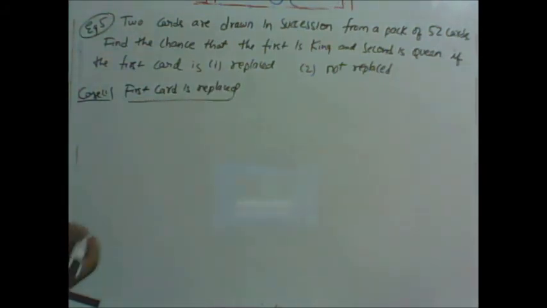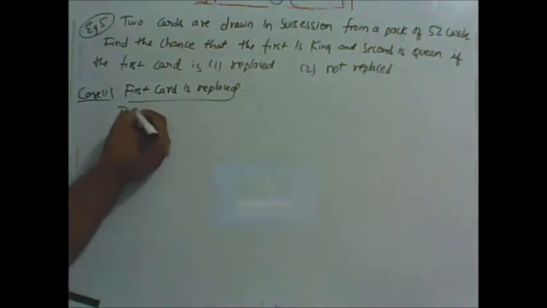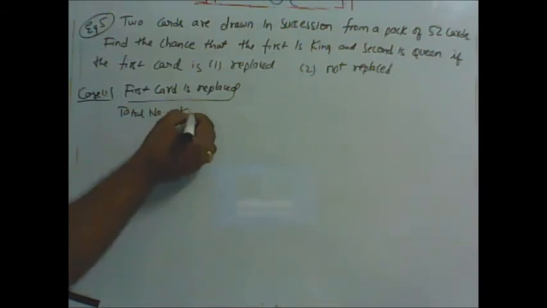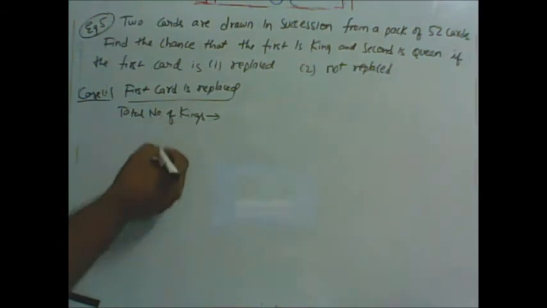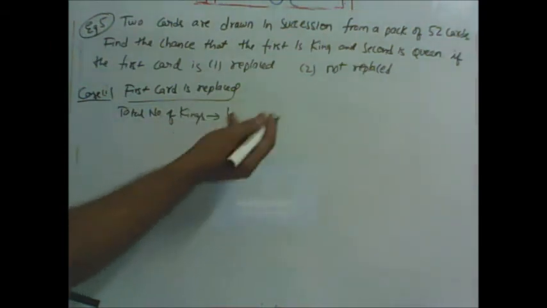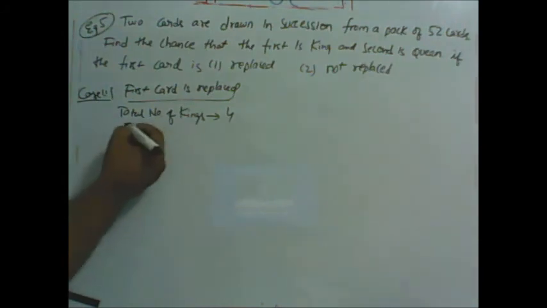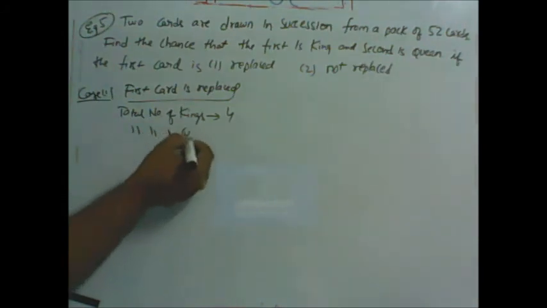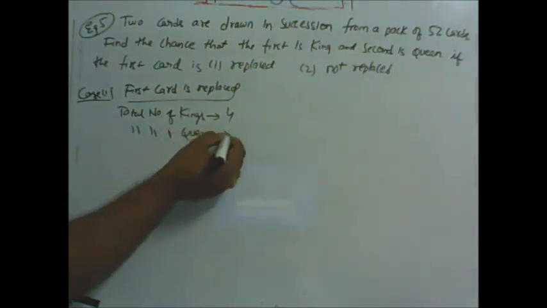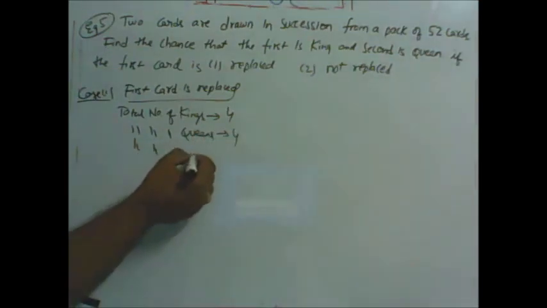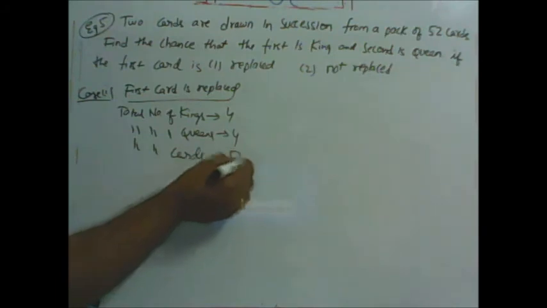Earlier I described, in a pack of 52 cards, how many kings there are in total. Number of kings is 4: in hearts 1, in diamonds 1, in spades 1, club 1. Similarly, total number of queens is also 4. And total number of cards is 52.